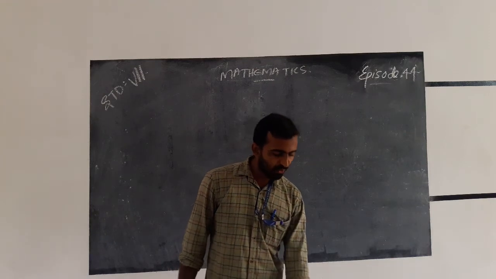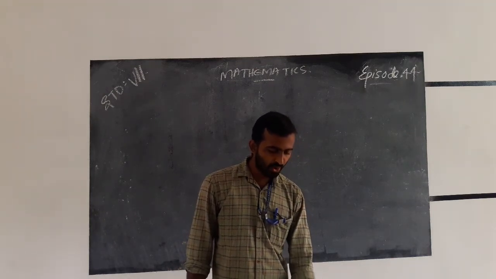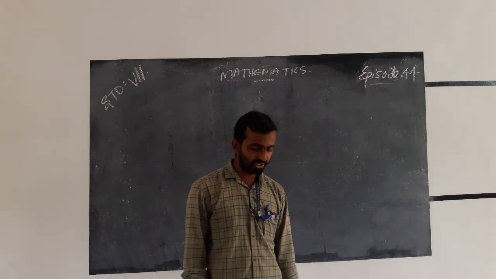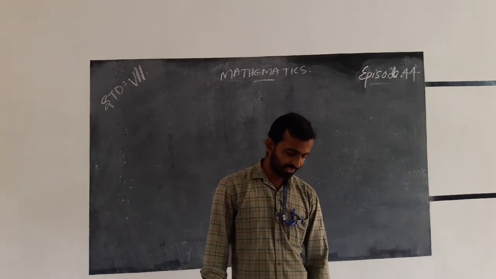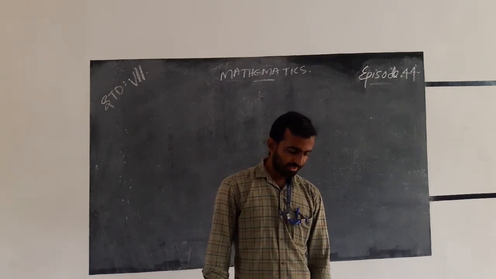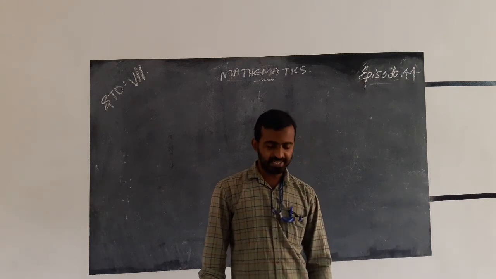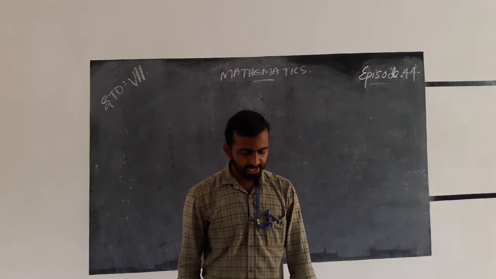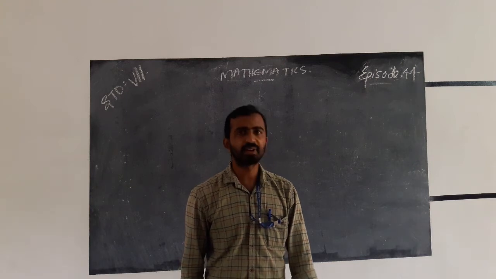Divide 15 seats between Manu and Sonu so that they get 20% and 80% of them respectively.